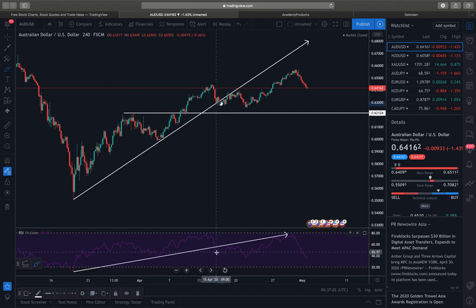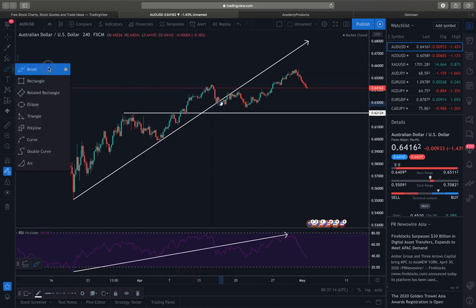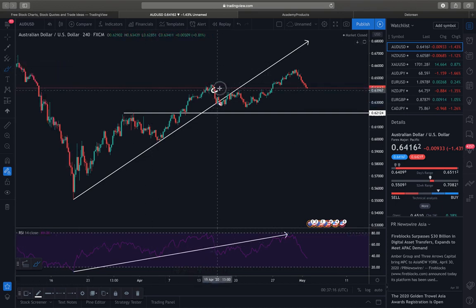On the RSI, that's right here, well under. We had already broken. Notice where we broke. Look at my cursor. We broke right in here.